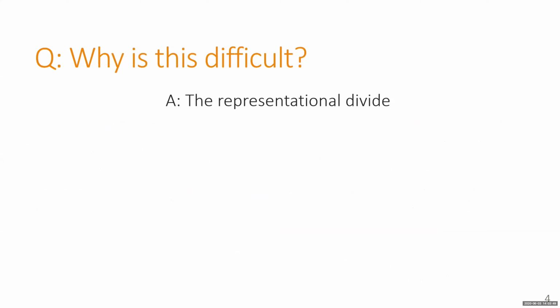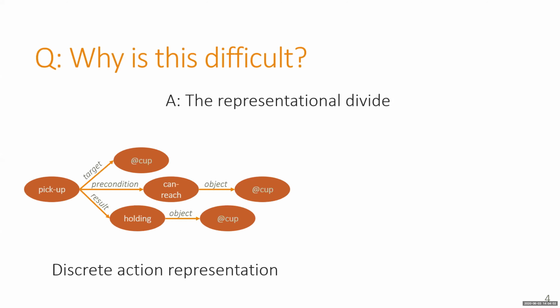So the follow-up question is, why is it actually difficult to create a system with both motion planning and Soar? The short answer to that is that there is a representational divide. Soar represents actions discretely, something like this, where there are preconditions, there are results.